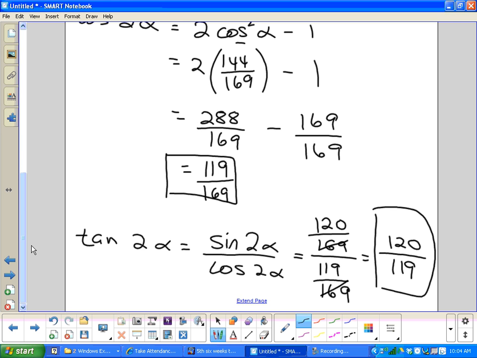Now, on your worksheet here, I've got underlined for the double angles numbers 4 through 6. I want us to do those real quick. I'm going to put the answers under the document camera so you can check them. They're really, really similar because they're derived from the same formulas, and so really all you're doing is filling in formulas.